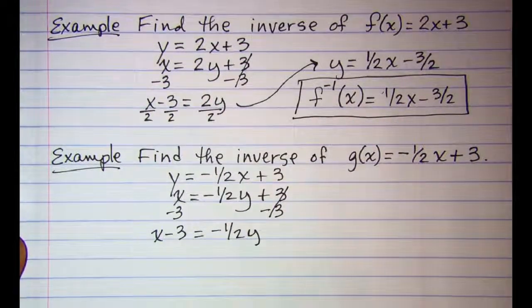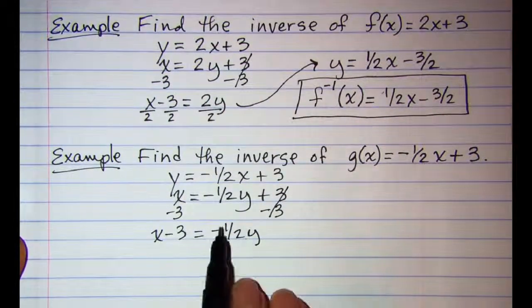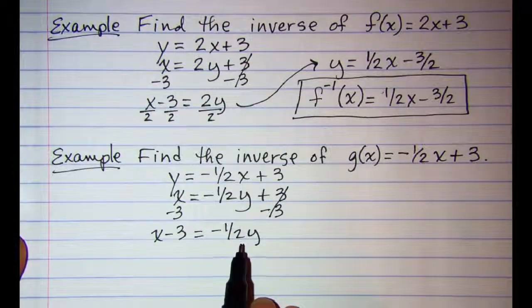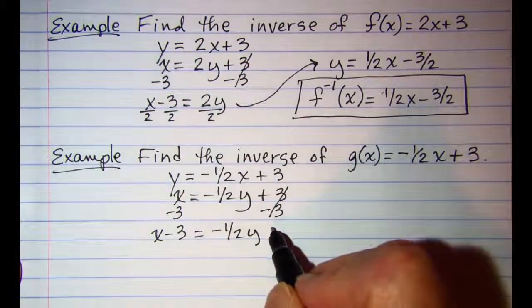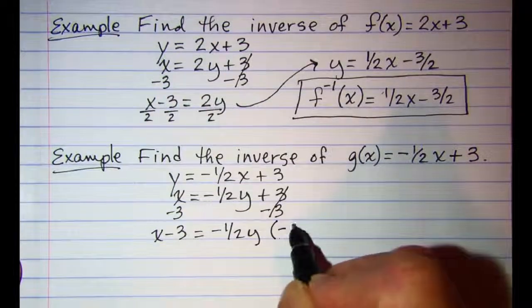Now to get y by itself, since my coefficient is a fraction, I'm going to multiply both sides of the equation by the reciprocal of my coefficient. The reciprocal of negative 1/2 is negative 2.